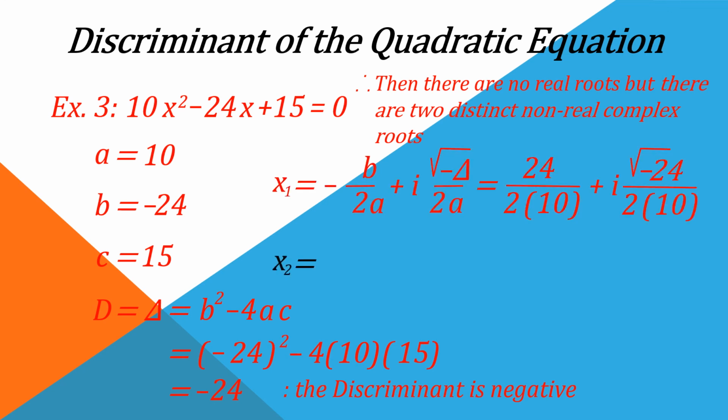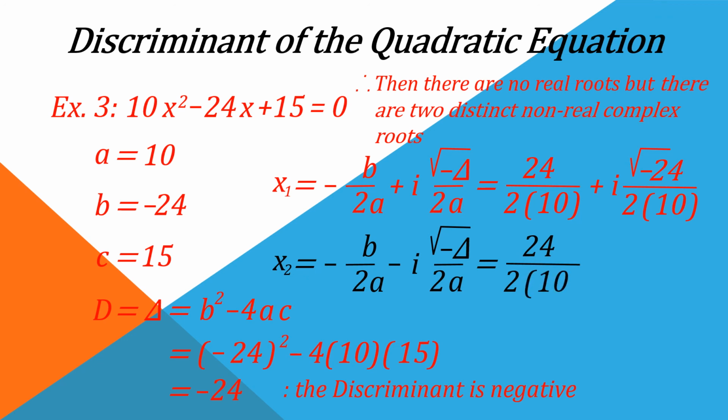Computing x sub 2, we have negative b over 2a minus imaginary number i multiplied by square root of negative delta divided by 2a, and it is equal to 24 over 2 multiplied by 10 minus imaginary number i multiplied by square root of negative 24 over 2 multiplied by 10.